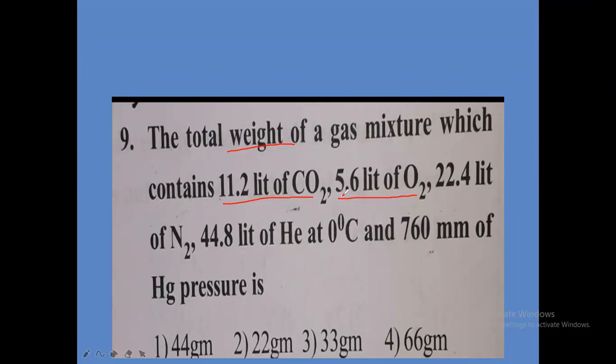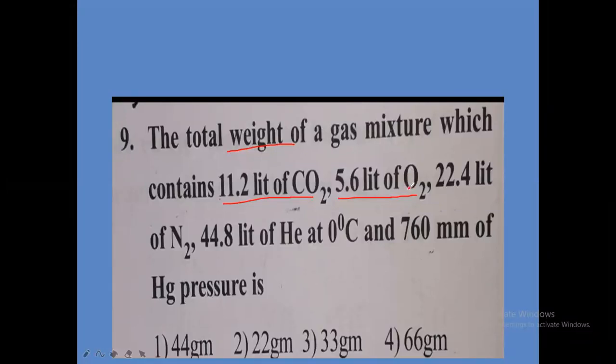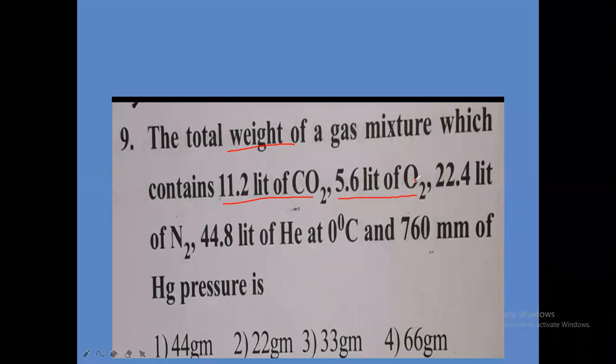And here also we need the weight of 5.6 liters of O2. We know that 22.4 liters equals the gram molecular weight. 22.4 liters of oxygen is equal to the gram molecular weight of oxygen, that means 22.4 liters equals 32 grams. Then 5.6 liters equals how many grams? Like this we have to take the weight.